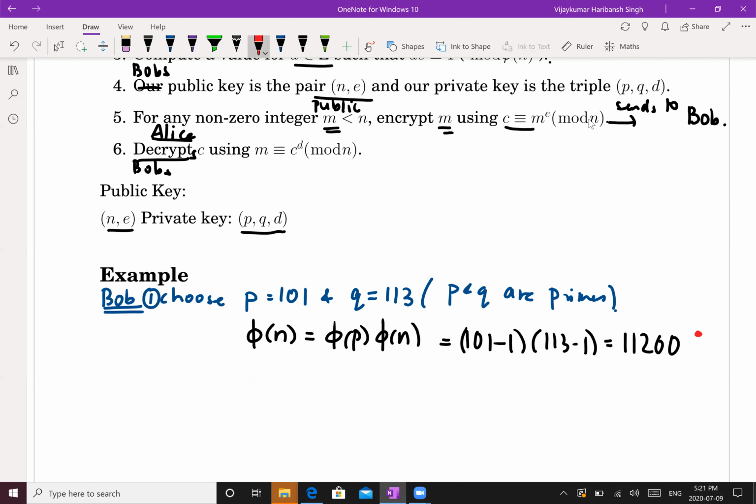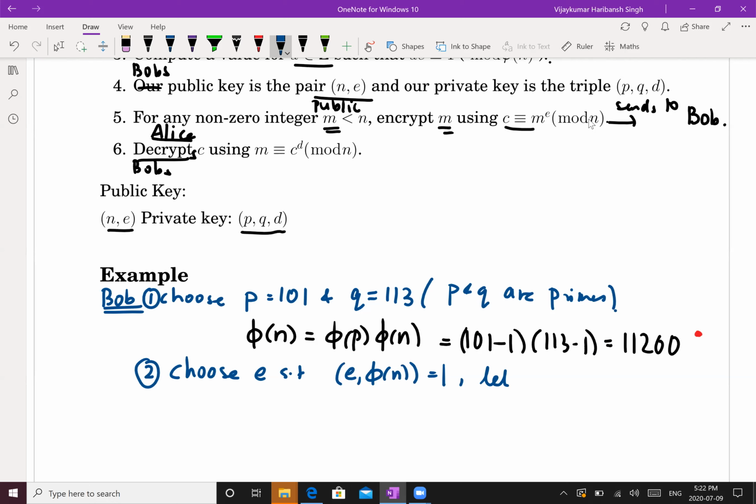Then step 2, he chooses E such that the GCD of E and phi of n is 1. So I will make that choice already.